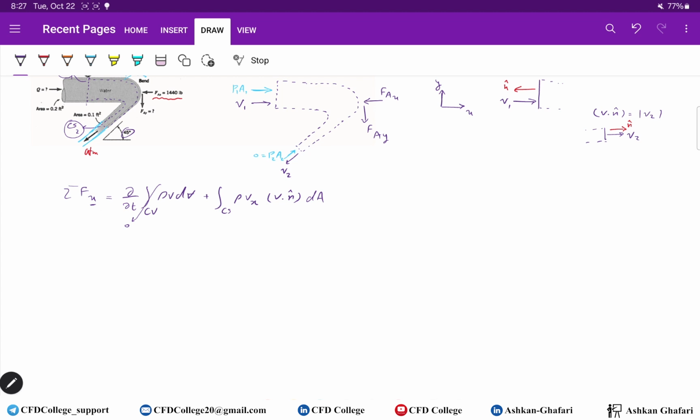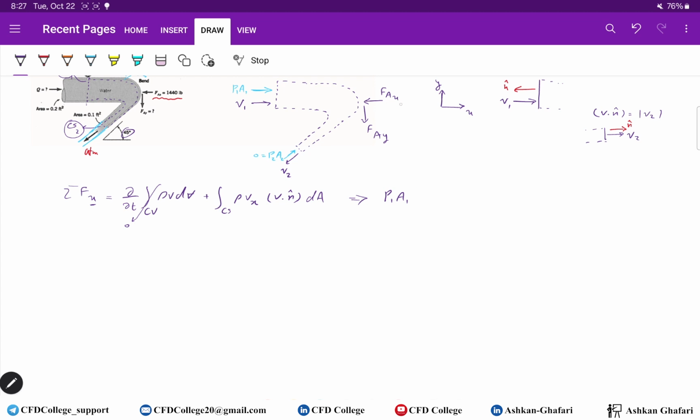Now we have to calculate the forces and the exchange of momentum at the inlet or outlet. Summation of forces in x direction, we have P1 A1, which is in x direction.